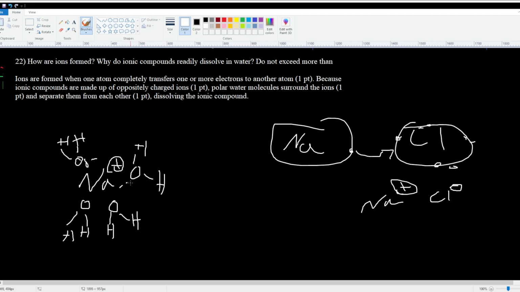Now, the bond here that's being formed is not necessarily a hydrogen bond. I want you to understand that for the purposes of this class. It's just an electrical attraction. So that's what's happening here in the case of sodium, and the same case for chlorine.